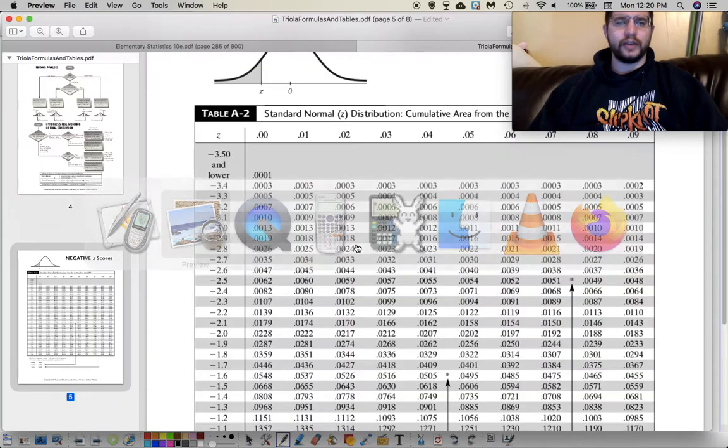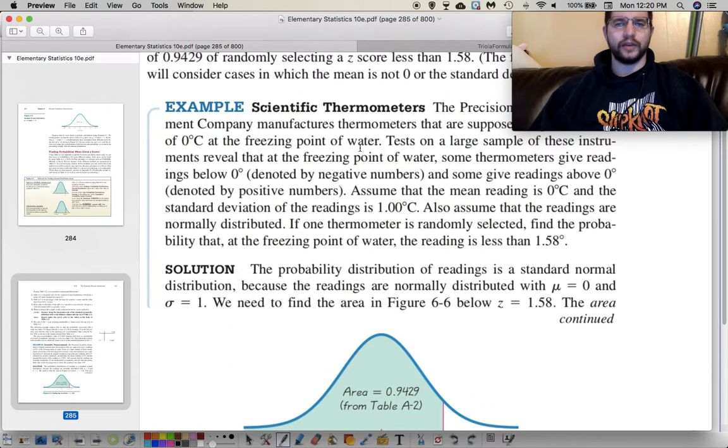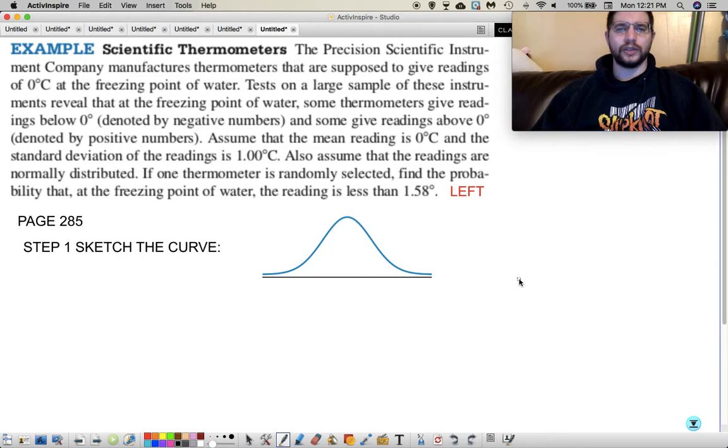So here's that example on page 285 I was telling you about. If you want to look in the book, it's right here. They have their solution. Precision Scientific Instrument Company manufactures thermometers that are supposed to give readings of 0 degrees Celsius at the freezing point of water. Tests on a large sample of these instruments reveal that at the freezing point of water, some thermometers read below 0, others read above 0.